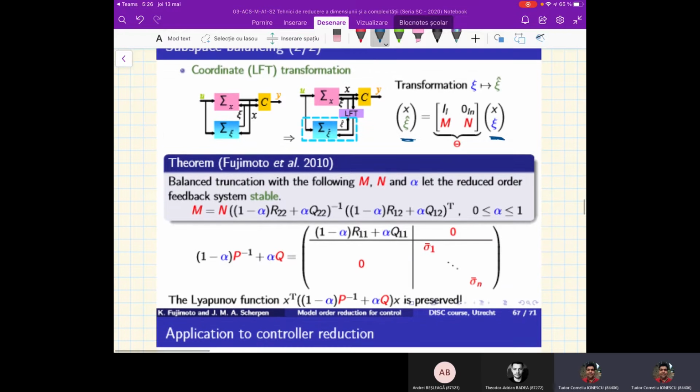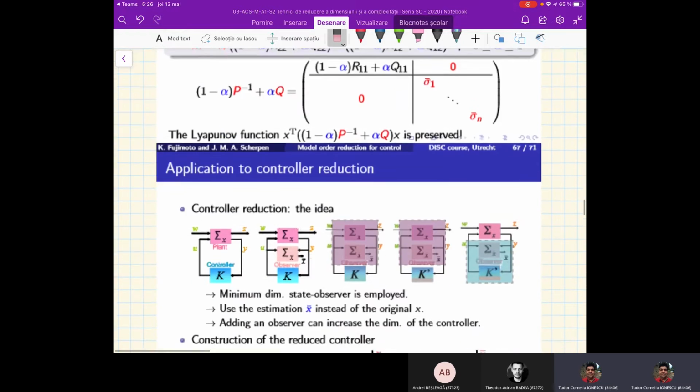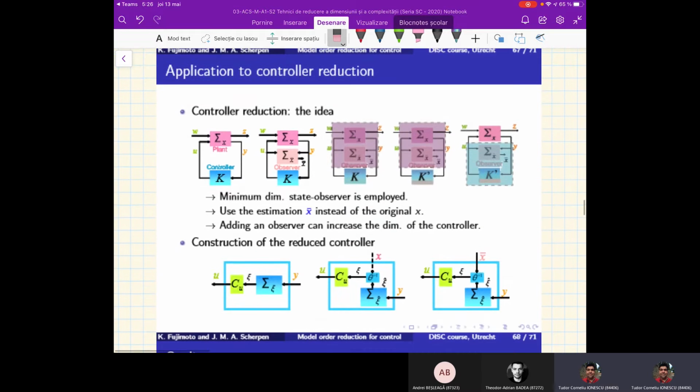So once you apply this LFT, you can do balanced truncation again, and you can do model reduction completely. You can apply this to controller reduction, a controller containing also an observer and all of these things.